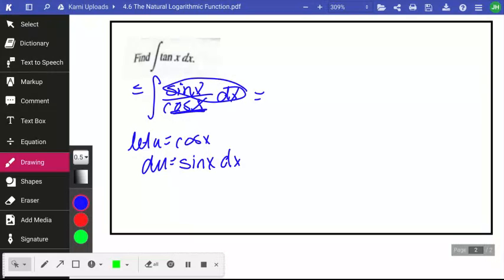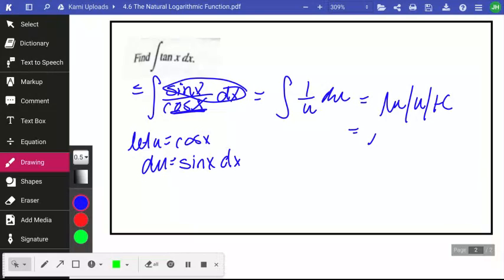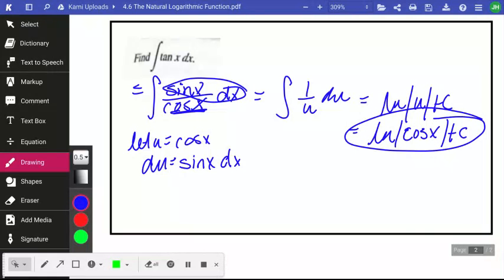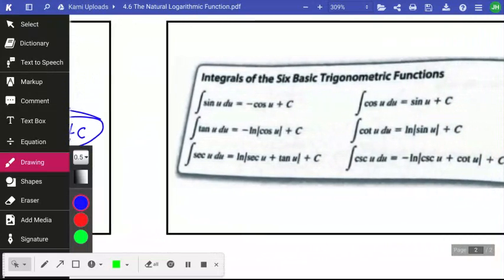So when I go plug this in, I am doing the antiderivative of 1 over u du, because I replace the sine x dx with 1 du, and then I replace the cosine x with just u. And so this is equal to the natural log absolute value of u plus c, which is equal to the natural log absolute value of cosine x when I plug my u back in.